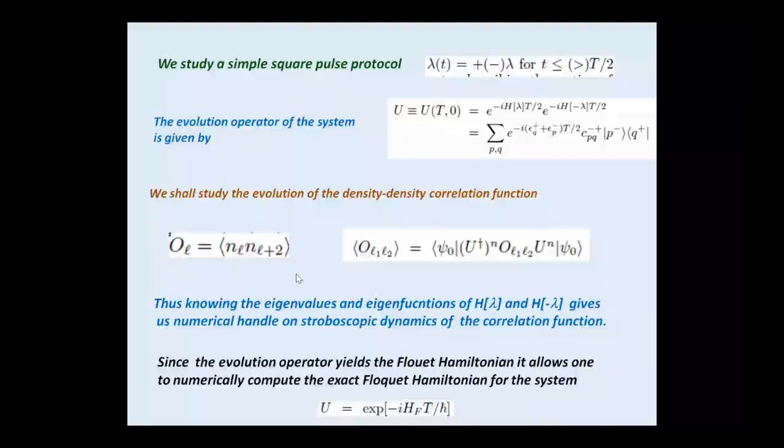However, if you are approximating the Floquet Hamiltonian by something like a Magnus expansion, then you are certainly going to be in the high frequency regime. But we are not going to do just Magnus. We are going to go beyond Magnus, and the numerics is exact at any frequency. One can still calculate a Floquet Hamiltonian for any frequency, but Magnus is of course only for high frequency.